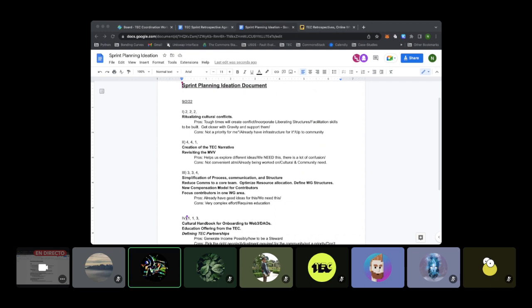And how about you, Mana? Yeah, number 3 would be my first choice. Number 4 would be my second choice. I like the rephrasing from managing cultural conflict, which was the first one, to ritualizing.